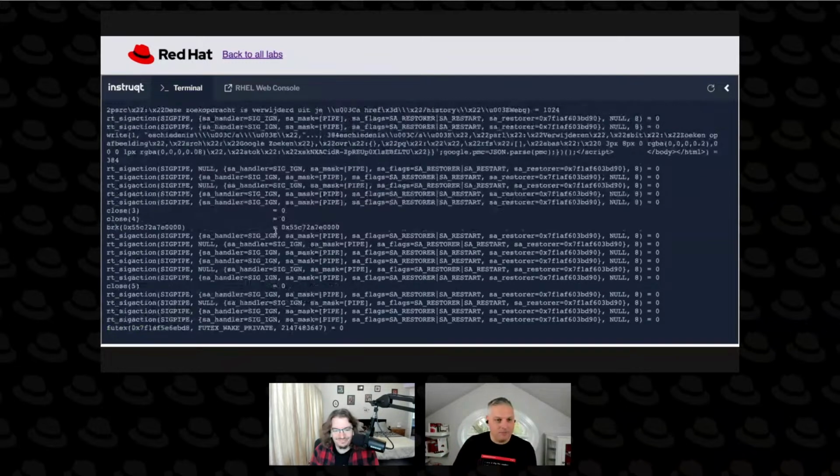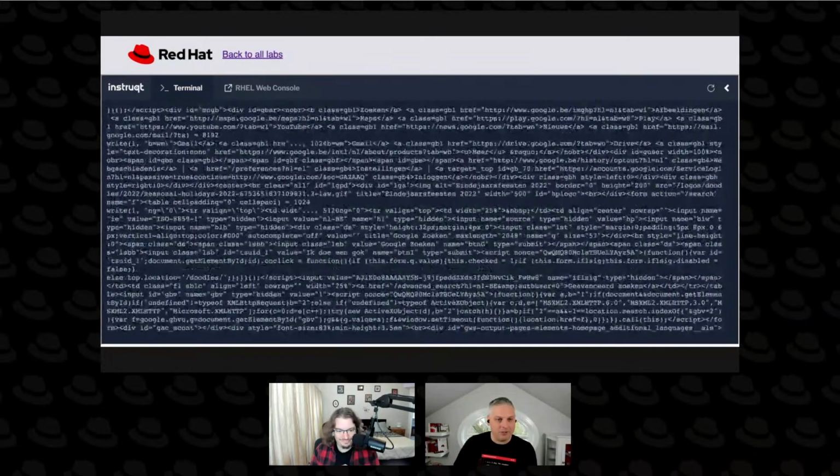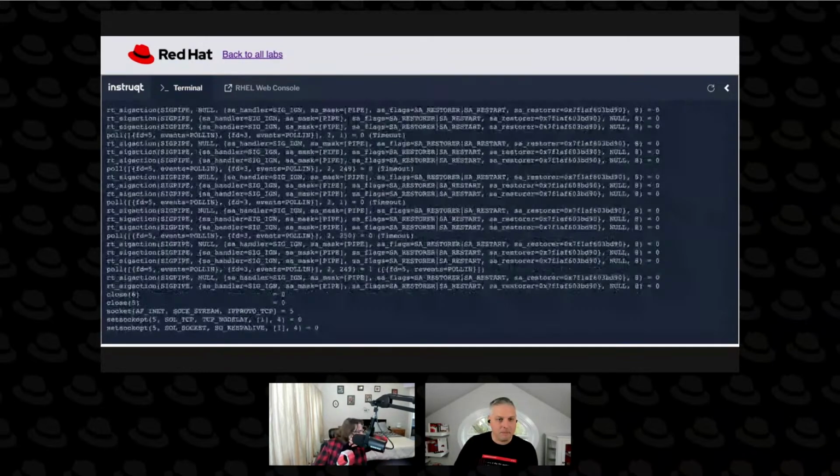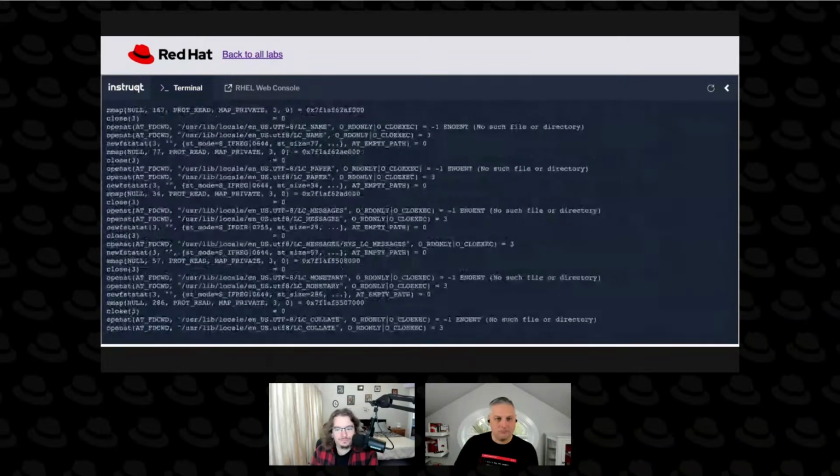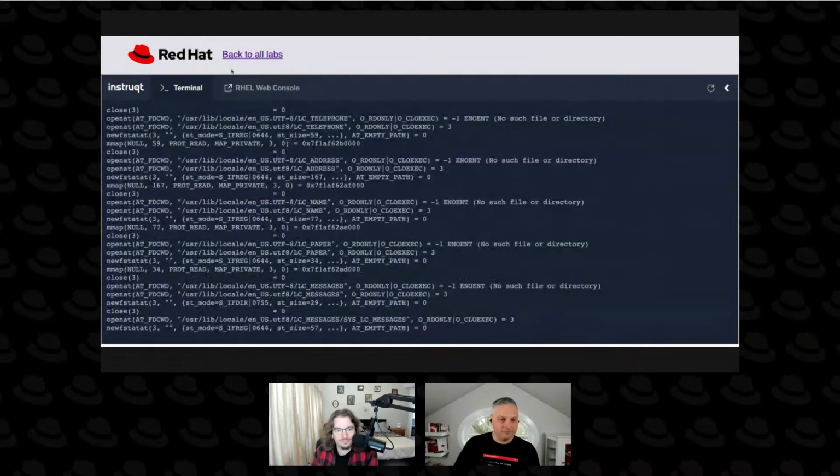All right, so let me scroll back up through this output here. This is probably far enough. When I'm looking at this output, I'm seeing an openat call, and in the arguments for that openat call, I see /usr/lib/locale/en_US something.